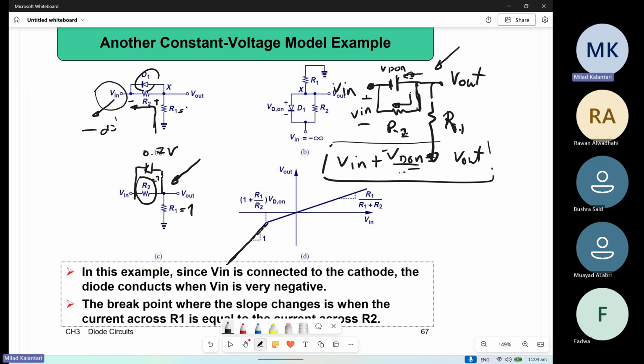Let's say R1 is 1, R2 also 1, and VD on is 0.7 volt. So at which Vin does the diode turn on or turn off? Minus 1.4, right? Because of this resistive divider again.